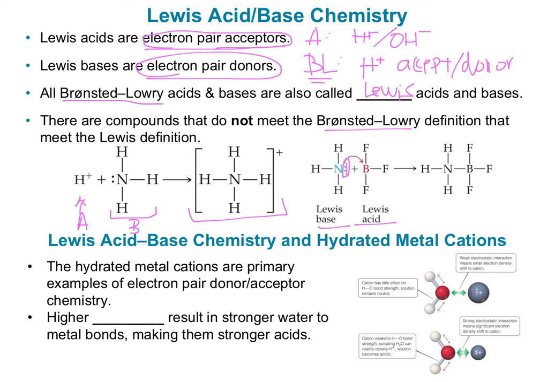And more relevantly, I think, than this weird compound reaction happening between ammonia and boron trifluoride is this Lewis acid-base definition. It helps to explain our metal compounds being acidic, because water is now giving a lone pair that the metal can accept.